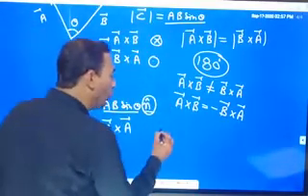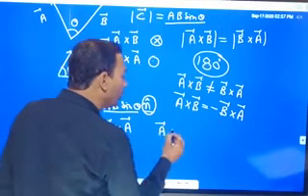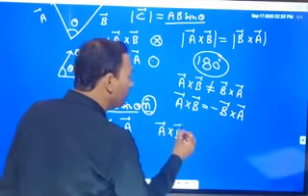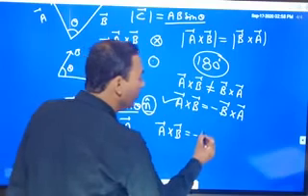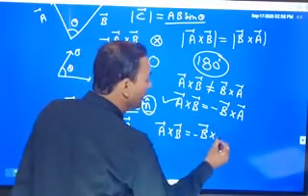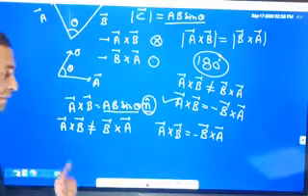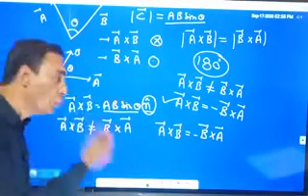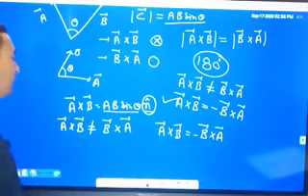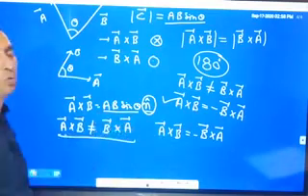So it does not obey commutative rule. So A vector cross B vector is equal to minus B vector cross A vector. ये हो गया. It is not equal to B vector cross A vector.